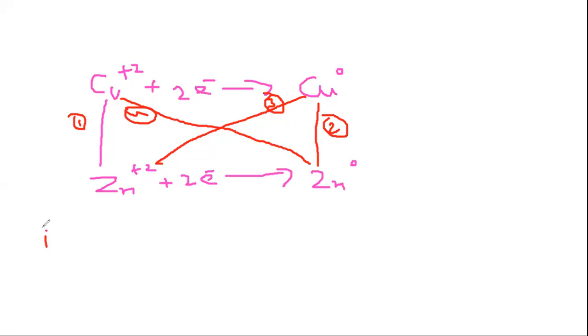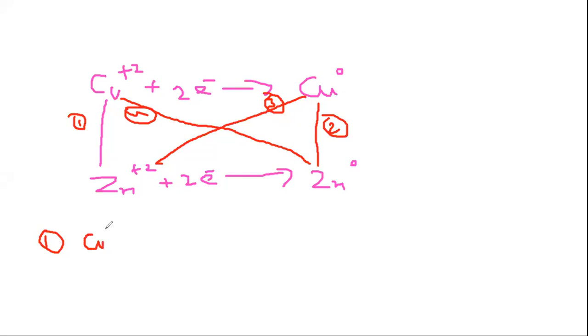So I am writing here the first possible way. The line shows that these are the reactants. If these are the reactants, of course, these will be the products. There are only four options. If I'm connecting these two as reactants, of course, they will reduce to zinc and copper.